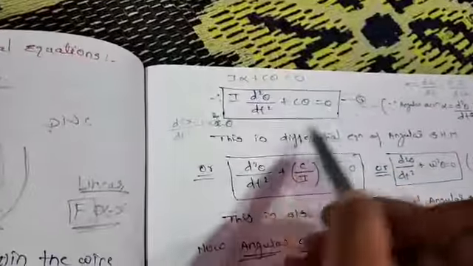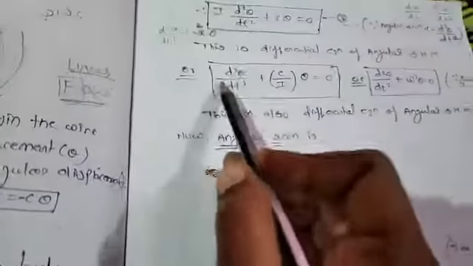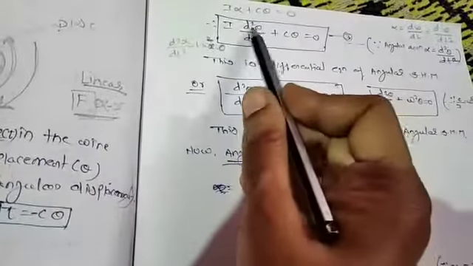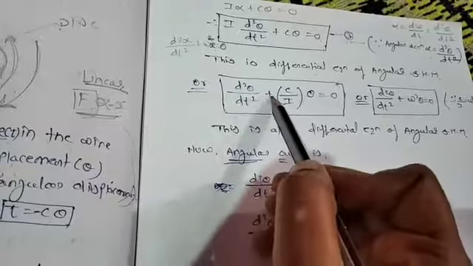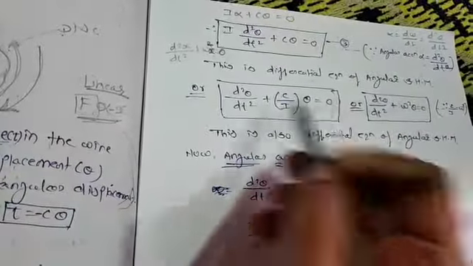So this is one form of the differential equation for the angular SHM. Then we can also write this as d square theta upon dt square plus C upon I into theta is equal to 0. This is one form.